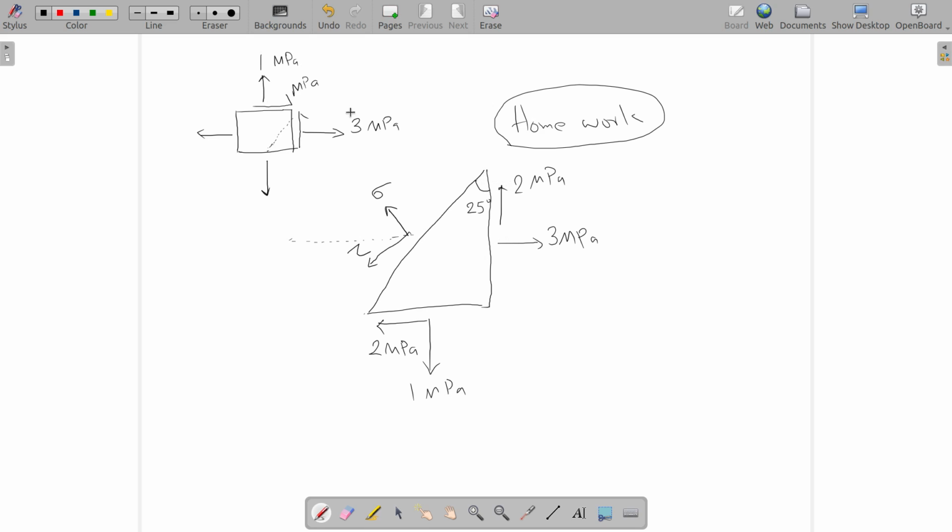Since this angle is 90 here, and this angle is 25, now here what will be this angle? That will be 90 minus 25.